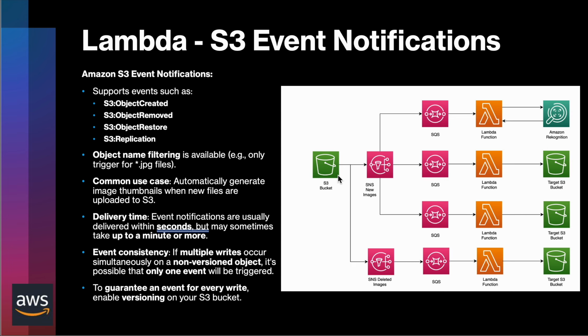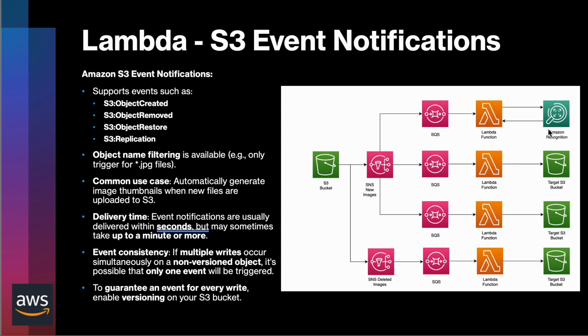From SNS we are doing the fan out, where we have three SQS queues, and each SQS queue, the Simple Queue Service, has a Lambda function. One of the Lambda functions is connected to Amazon Rekognition, and the other two are connected to a target S3 bucket.